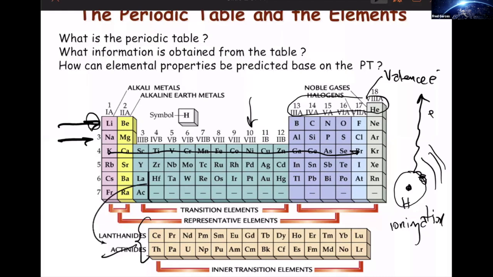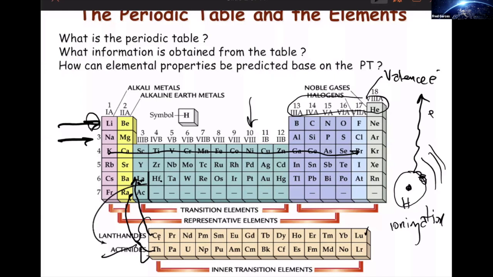It's called the lanthanide series because between lanthanum and hafnium, you actually jump from lanthanum to cerium. And then you go across 14, and then you go back to hafnium, Hf. And that's why it's called the lanthanide series, because that's where it breaks off from the periodic table.